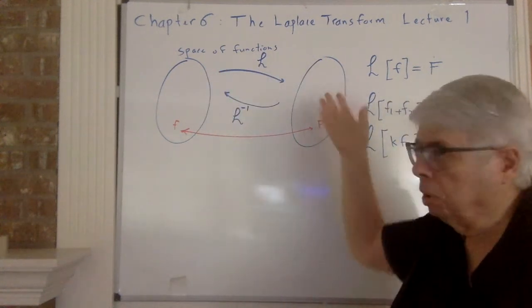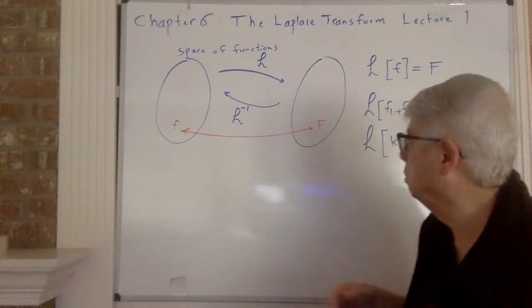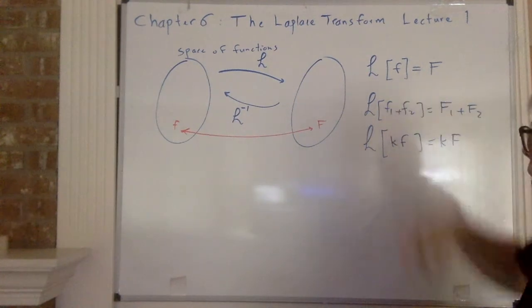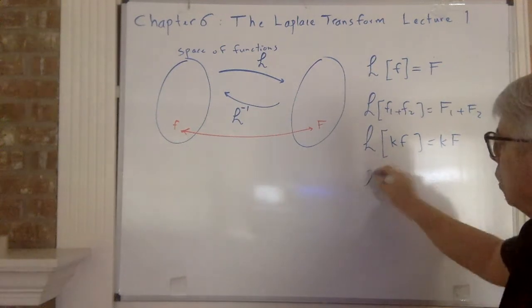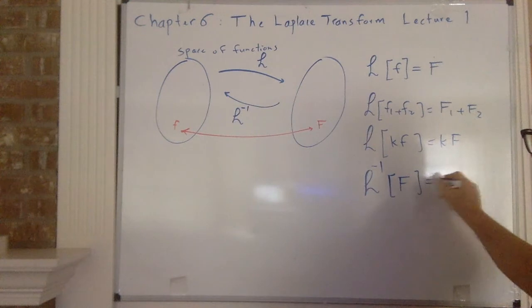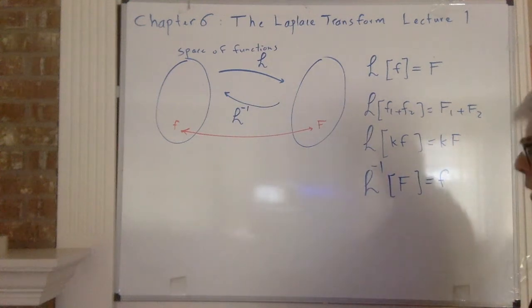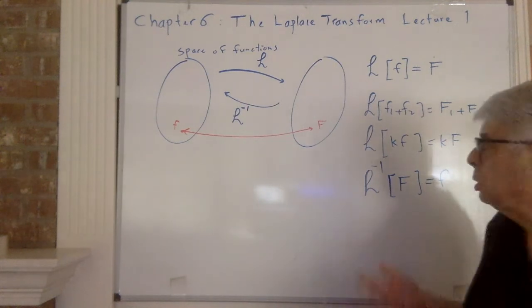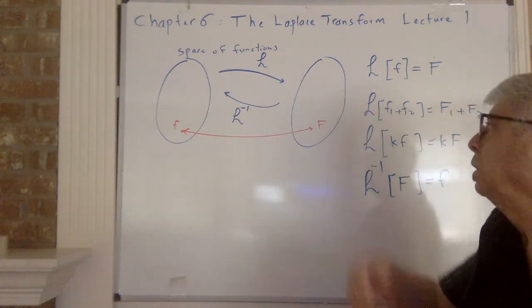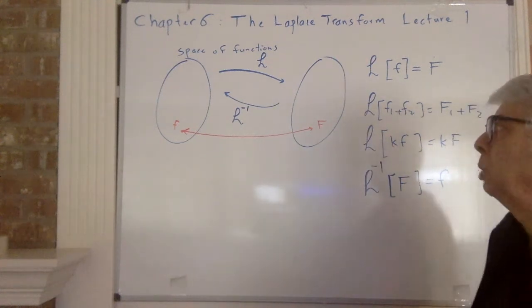So your solution here will be some function F. Then you apply L inverse. L inverse is also linear. You apply L inverse to F, and you will get f. Okay. So this is the philosophy or the theory behind any transformation.